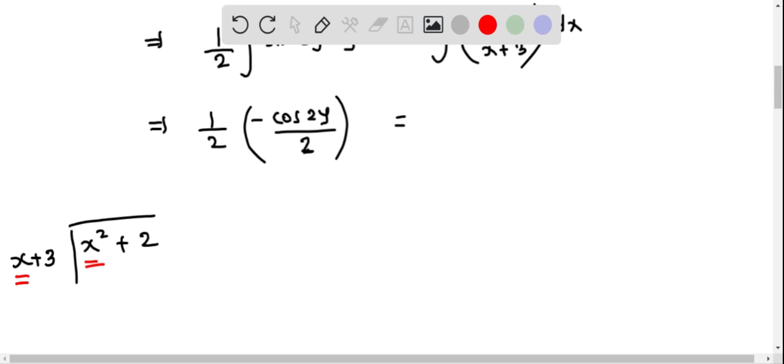We do x squared divided by x, and this gives x. So I put the x over here. I then multiply this x with the divisor, x plus 3. So x times x is x squared, I put it below the x squared. Then 3 times x is 3x, so I can put it here.